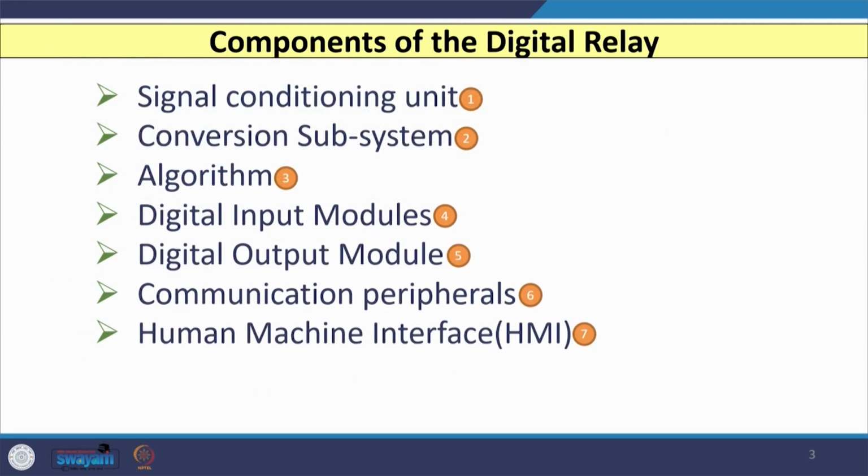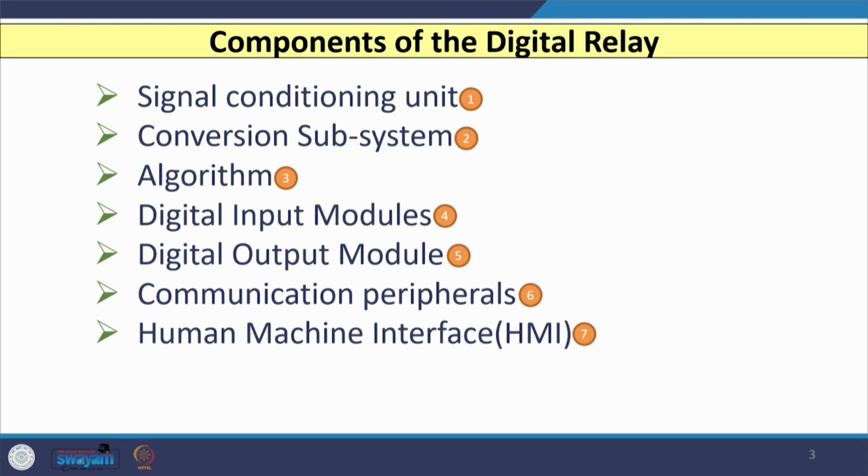So, in today's class we will discuss the various components of digital relays. If we consider the digital or numeric relays, then they contain various components: the first one is the signal conditioning unit, the second is the conversion subsystem, and the third is the algorithm, which is the core of the digital or numerical relay.